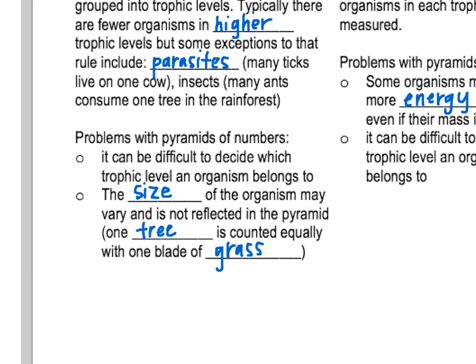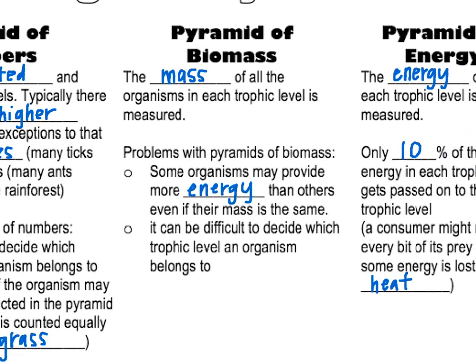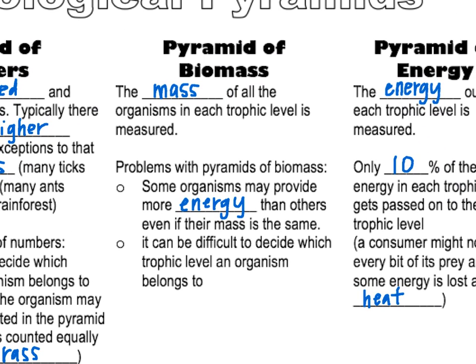The second pyramid we're going to look at is a pyramid of biomass. The mass of all the organisms is measured. And so we're going to use grams to measure mass. In a pyramid of biomass, there are some problems as well. For example, some organisms might provide more energy than others.